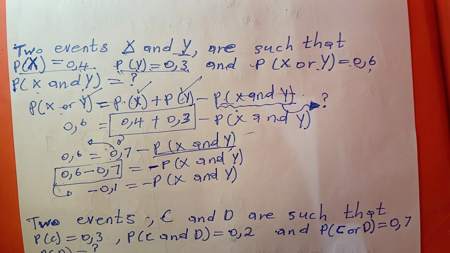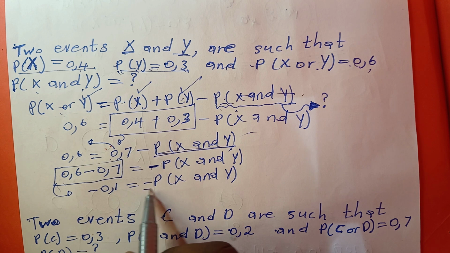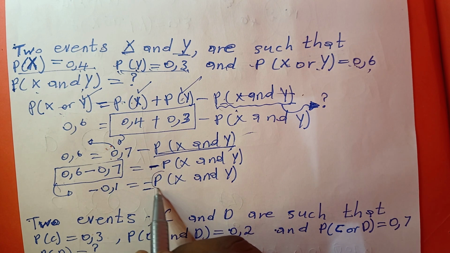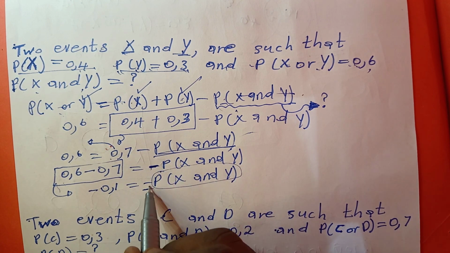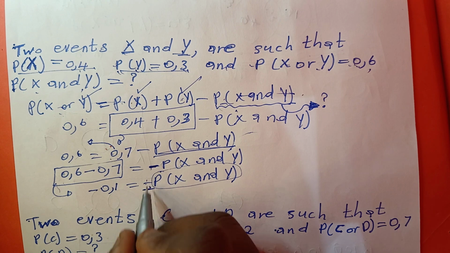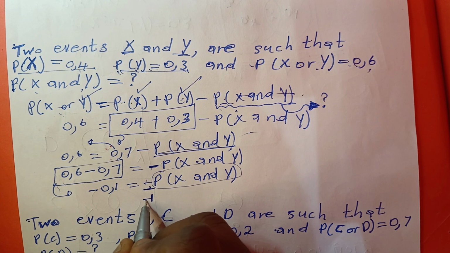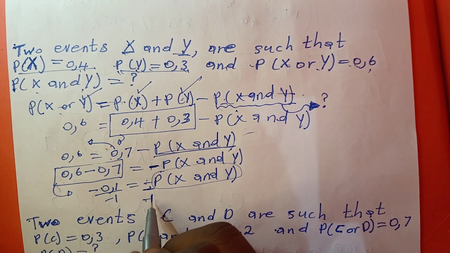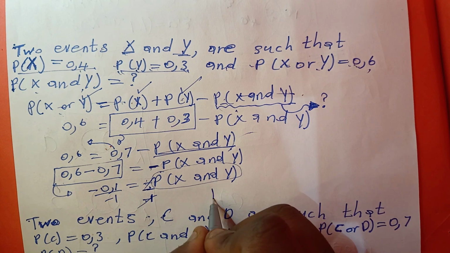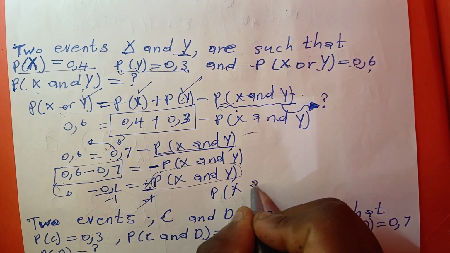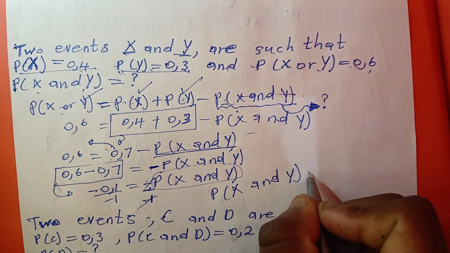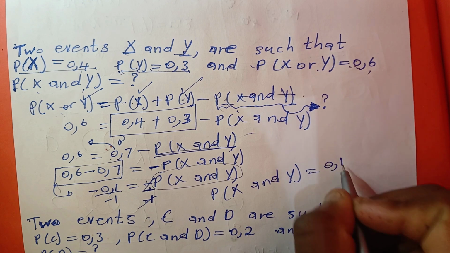Now we know that what is in front of what we need, we divide by it. What is in front there is an invisible one, which is negative. The negatives will just cancel, meaning now my P(X and Y) is just 0.1.